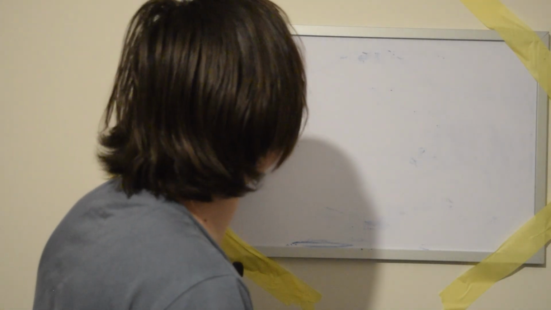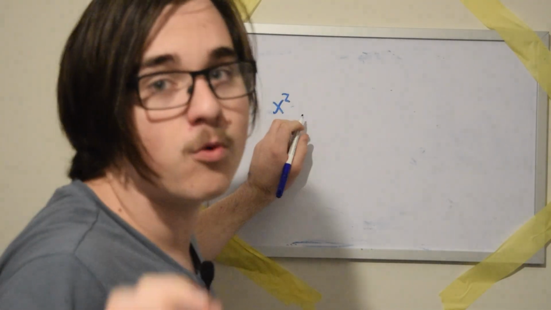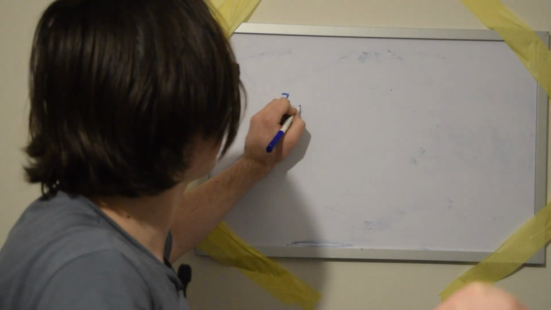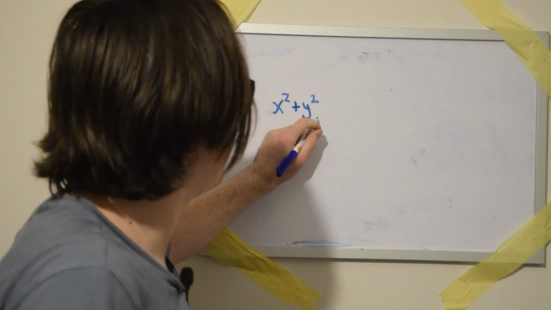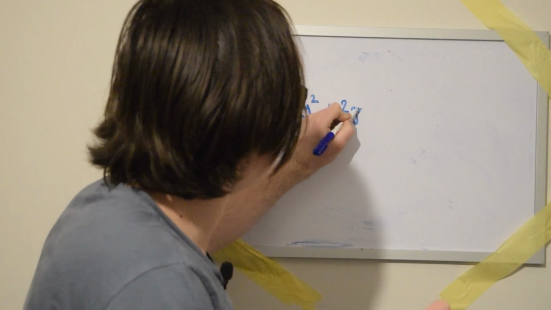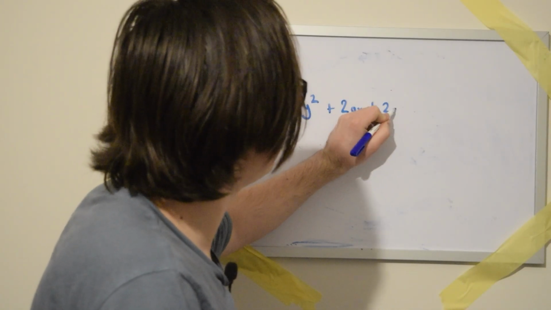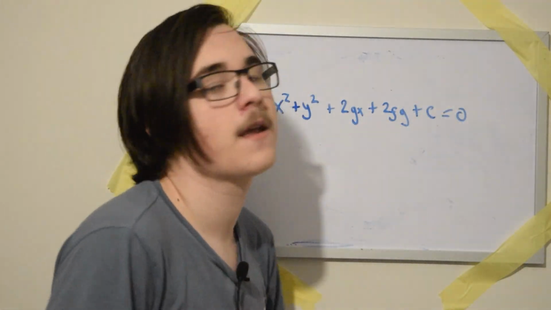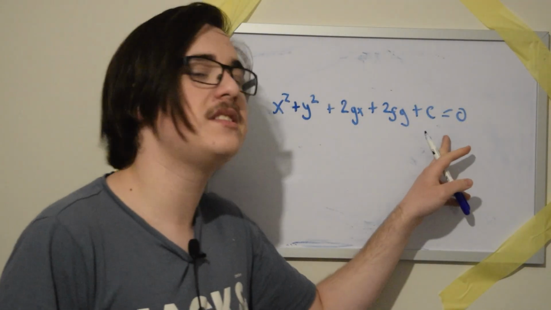You've got x squared, which you might find familiar from the real equation of the circle. You've got x squared plus y squared plus 2gx plus 2fy plus c equals 0. Now you may ask, who's c?